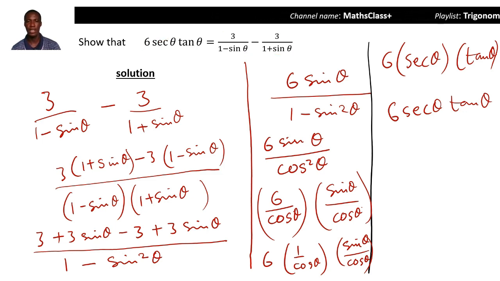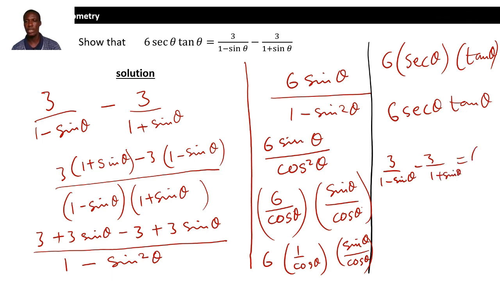That's 3 over 1 minus sine theta minus 3 over 1 plus sine theta is equal to 6 sec theta tan theta. Alright.